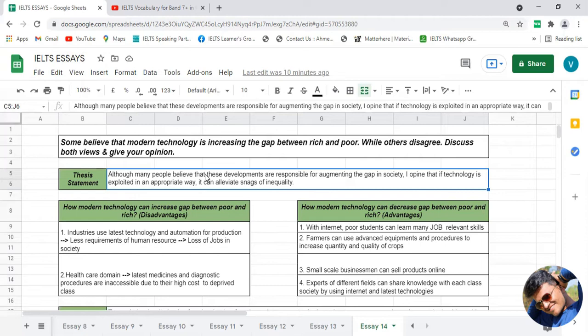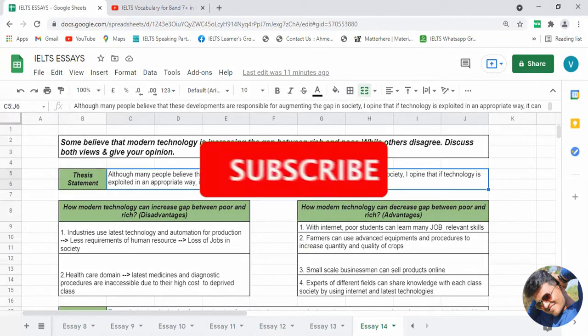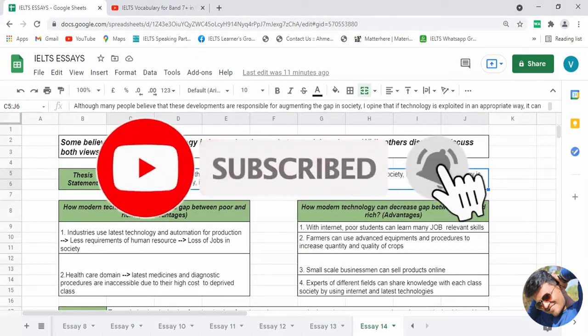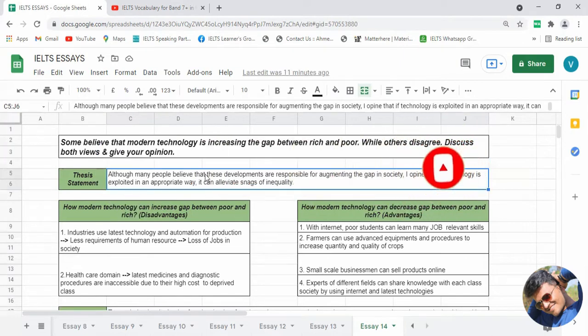The general idea of my thesis statement is that although there are disadvantages of modern technology for society, in my opinion there are certain advantages if modern technology is used in a proper way. This is my very simple idea of the thesis statement. But if I try to use certain advanced vocabulary, then how can my thesis statement be? It becomes something like this.